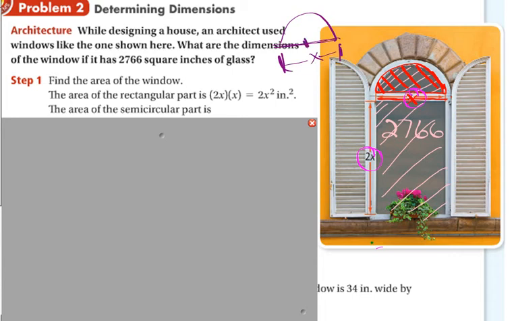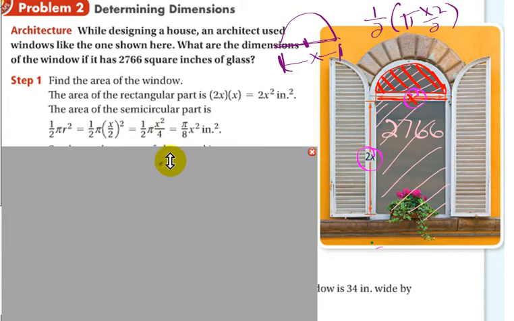Half of x. So if the area is 1/2 pi r squared, and we know the radius of this is just 1/2 of x, or x over 2, replace the radius with x over 2. Okay? So that's how they get this next part.